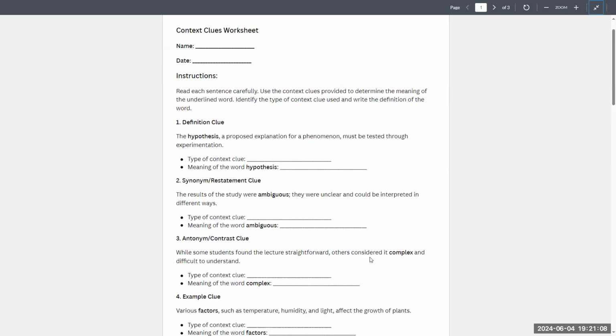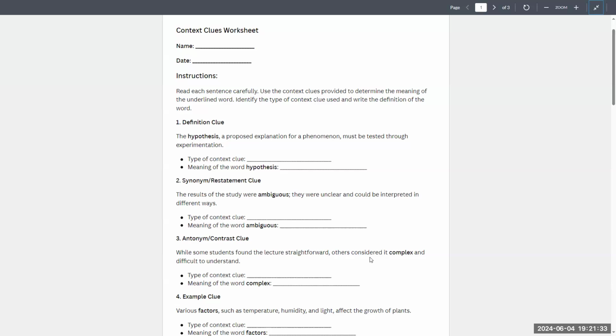For the first part of this exercise, you're going to read each sentence carefully. You're going to use the context clues provided to determine the meaning of the underlined word, or in this case, the bold word, and identify the type of context clues used and write the definition of the word. Okay?